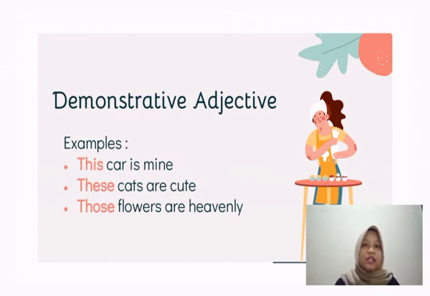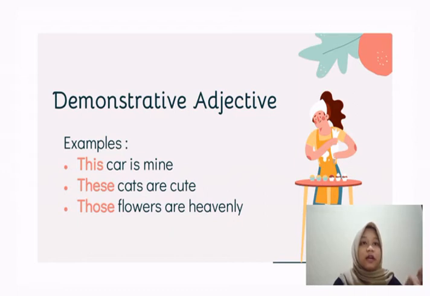This is used to refer to a singular noun close to you, and that is used to refer to a singular noun far from you. These is used to refer to a plural noun close to you, and those is used to refer to a plural noun far from you.